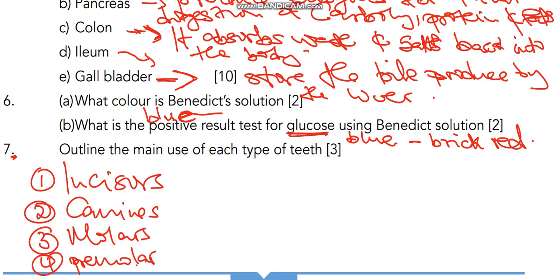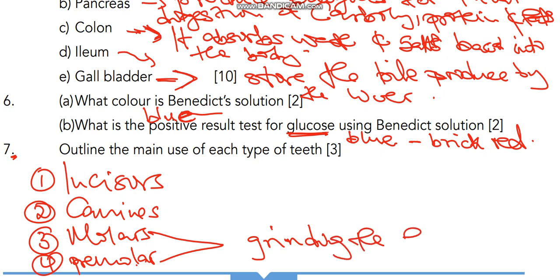What you need to know is that these two types of teeth, the molars and the premolars, perform the same function. That is grinding the food. As for incisors, they are there for biting the food.